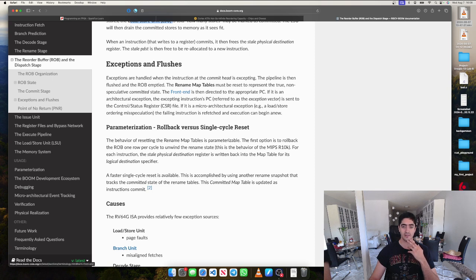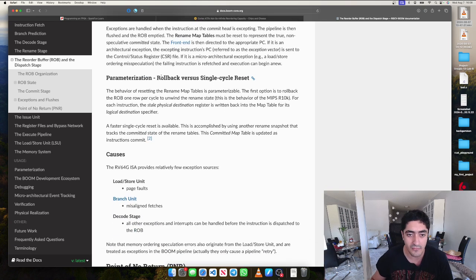The frontend is then redirected to the appropriate PC. If it is an architectural exception, the excepting instruction's PC, referred to as the exception vector, is sent to the control status register file. If it is a microarchitectural exception, like a load store ordering misspeculation, the failing instruction is refetched and execution can begin anew.